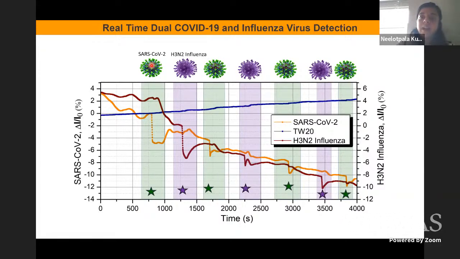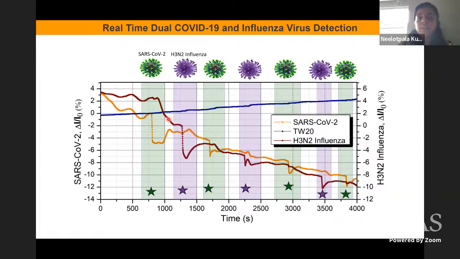And since we have four different FETs on the device, we have four curves going. We basically have four current data being recorded from the device. If we focus our attention on the graph, one trace is with respect to SARS-CoV-2, which means the current reading is coming from the FET which has been modified with COVID antibodies.